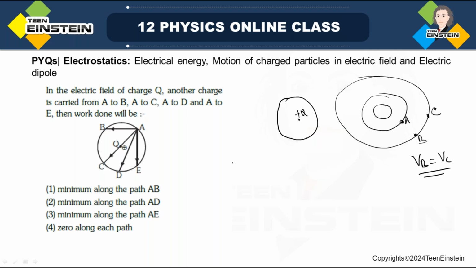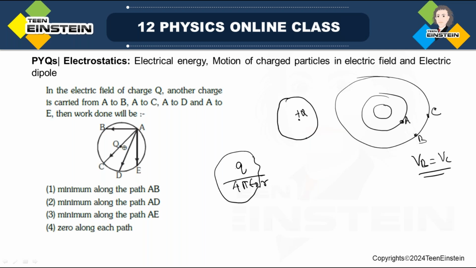You might be thinking, how is it producing equipotential surface around it? Let me tell you. See, the potential for a point charge at any distance r is given by q by 4 pi epsilon naught r, right? So this term is constant.